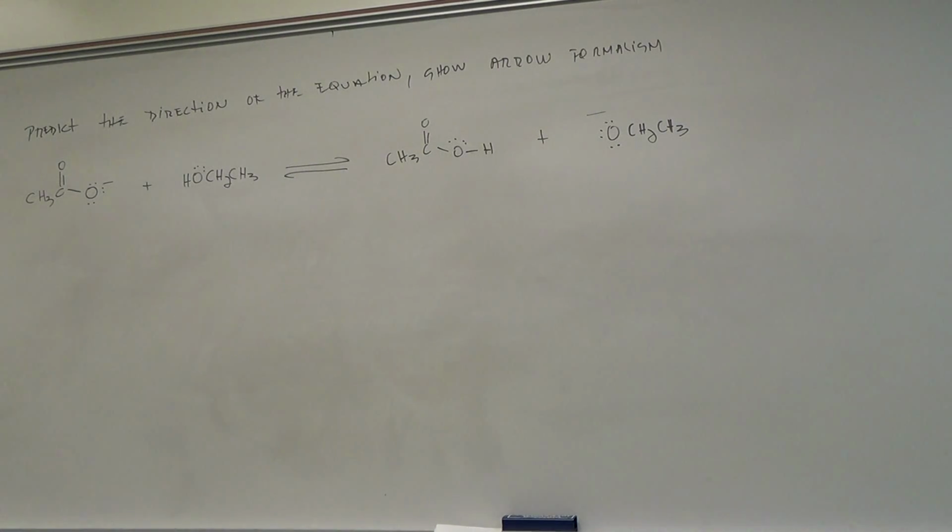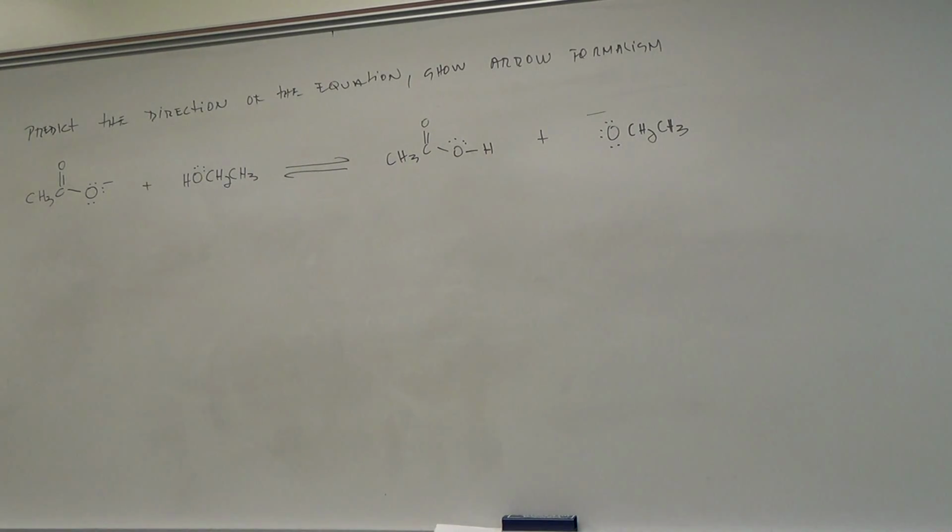Now, in order for you to know the direction of this equation, you have to know the pKa's, which one is more acidic and which one is more basic. You have to know either the two bases or the two acids. And it will go away from the direction of whatever is stronger.